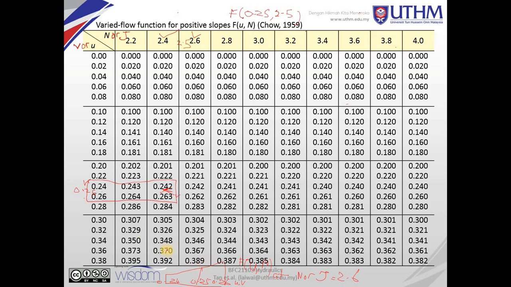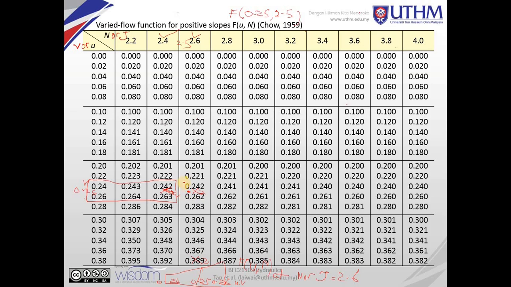We are about to find another intersection at 2.6 N parameters. So this is x2, this is x1, this is x2, somewhere in the middle here, x2.